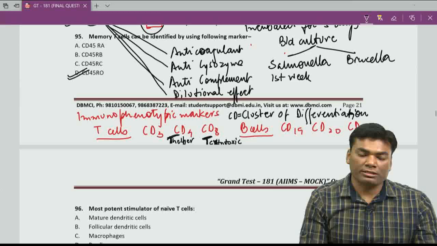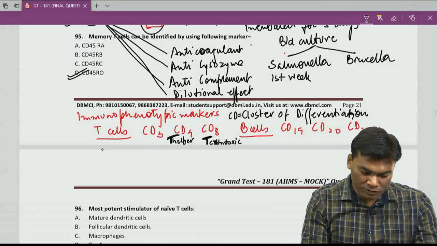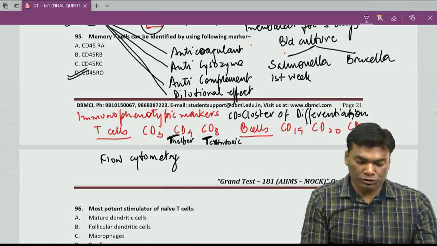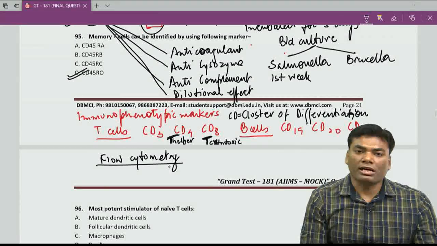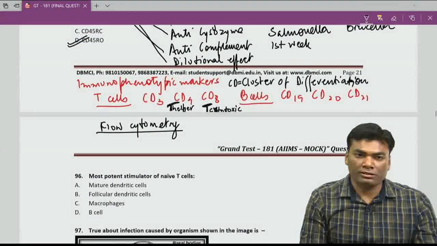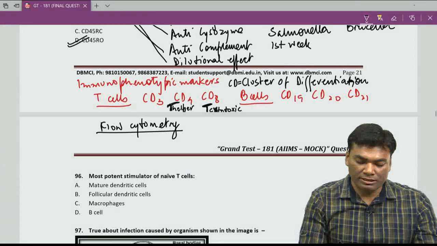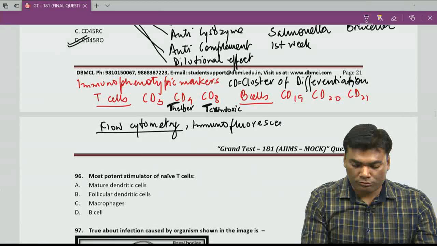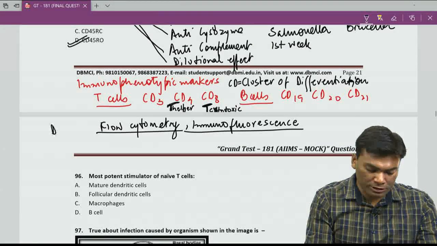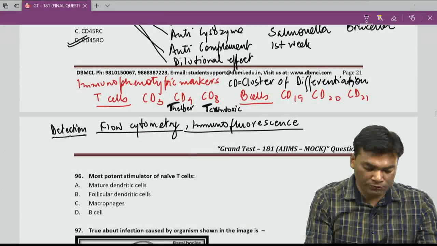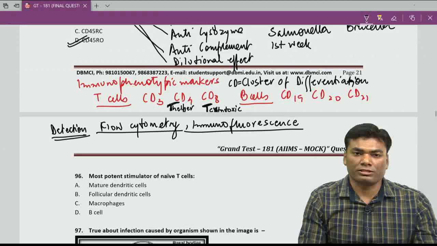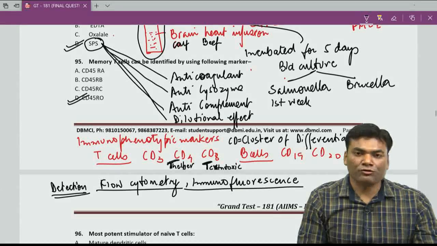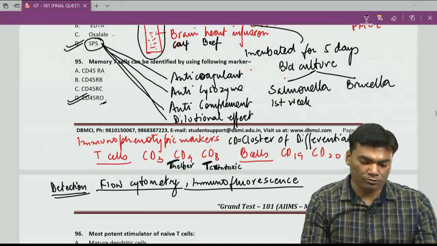Now these CD markers can be identified by a technique known as flow cytometry. Flow cytometry is a technique by which we identify the immunophenotypic markers on various cells, right? Other than this, we can also use immunofluorescence. So detection of these immunophenotypic markers is by flow cytometry or immunofluorescence. Okay. So the question was asking which immunophenotypic marker identifies memory T cells? The answer is CD45RO.